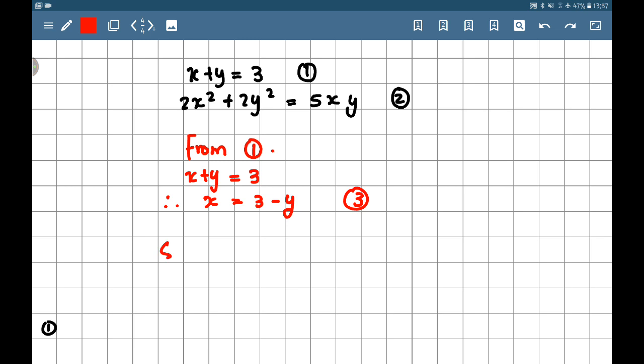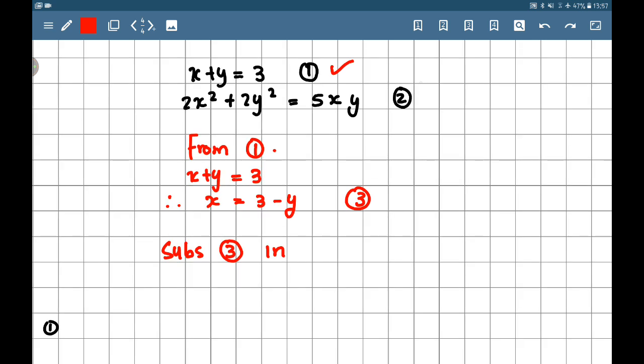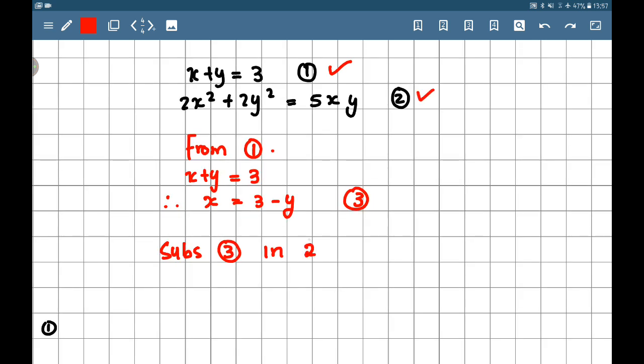Then we continue and we say, substitute equation 3 in. You can't substitute it back to equation 1 because you got equation 3 by working with equation 1. Therefore, you're going to substitute it from equation what? Two. So it means in place of x, we are going to put 3 minus y.